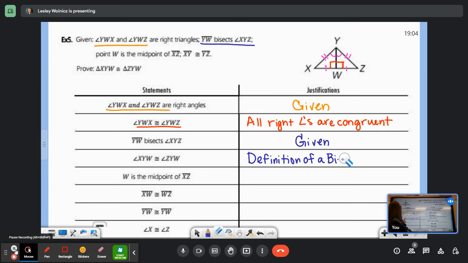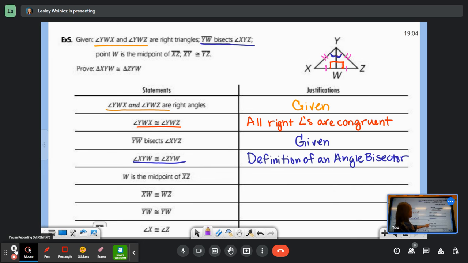Let's say angle bisector because we're not talking about a segment. So that's these two that are congruent.